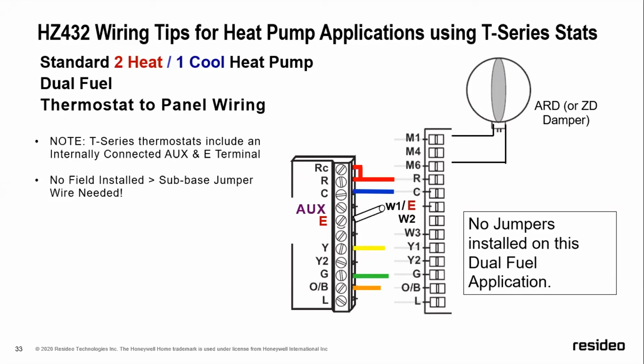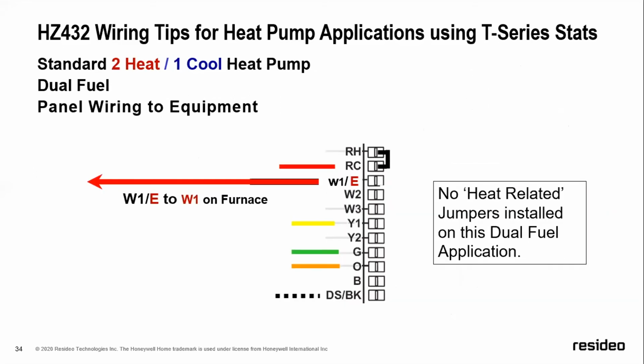So you see how we've come from the E terminal, just to keep it less confusing for the guys that are troubleshooting this, and just bring it to the E terminal on the zoning board input itself. Next slide, please. And since we'll never be operating the auxiliary heat at the same time as the compressor, that's why there's no jumpers on the output either. Next slide, please.